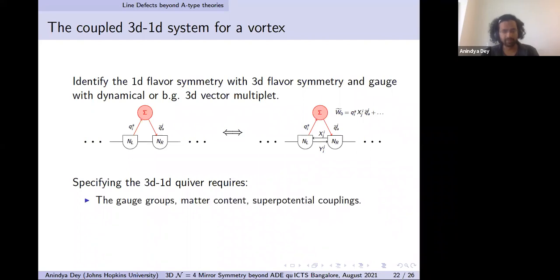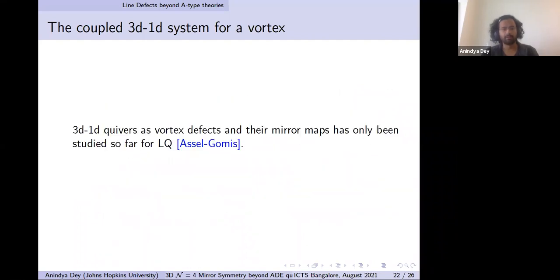A particularly important problem that people care about is the map of Wilson defects to vortex defects under mirror symmetry. Now, this was not known for a very long time. Hanany-Witten came in the mid-90s, and the first paper that essentially addressed this map of vortex defects to Wilson defects under mirror symmetry for non-Abelian theories came in 2015, nearly 20 years after Hanany-Witten.